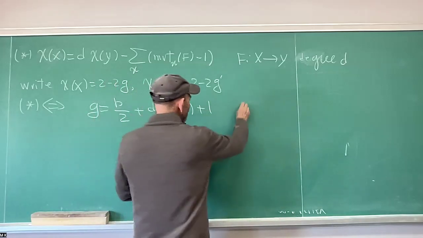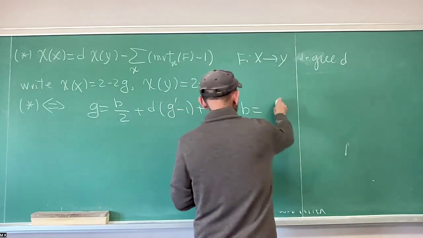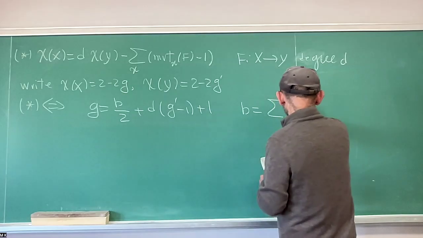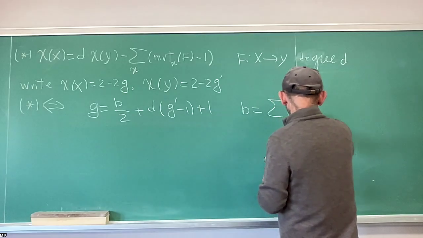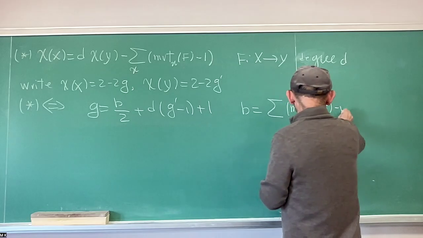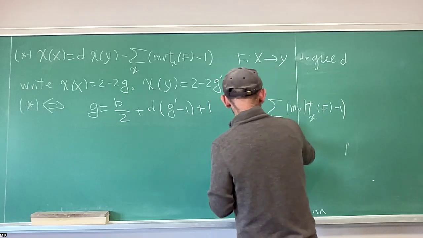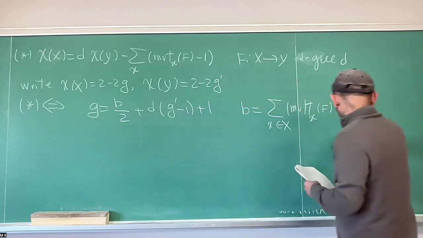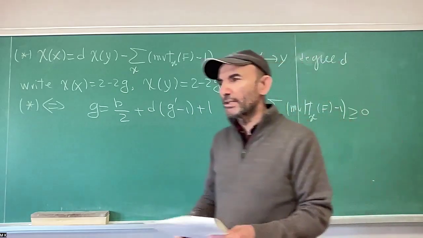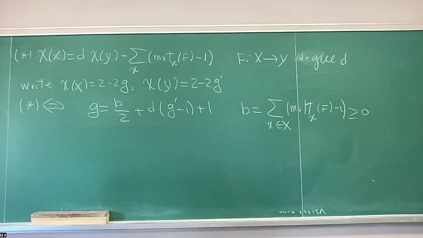But b is the sum, this quantity, the sum of multiplicities at x of f minus 1, where x belongs to X. And this quantity is always non-negative, by the way, because multiplicity is either 1 or bigger than 1 around that point.